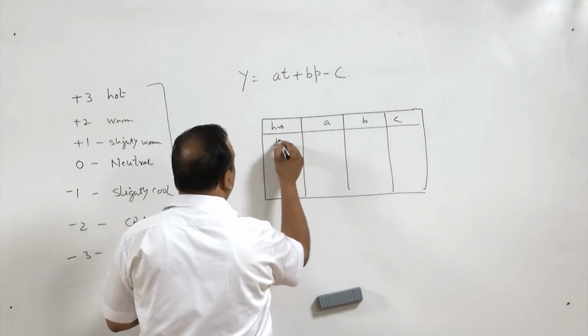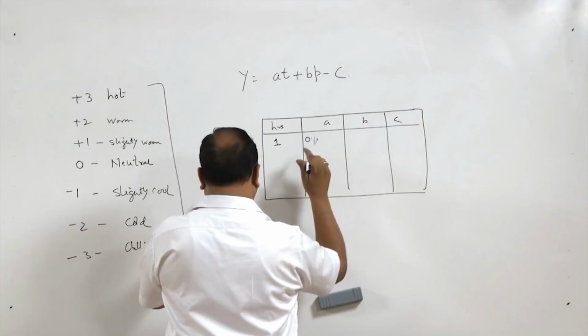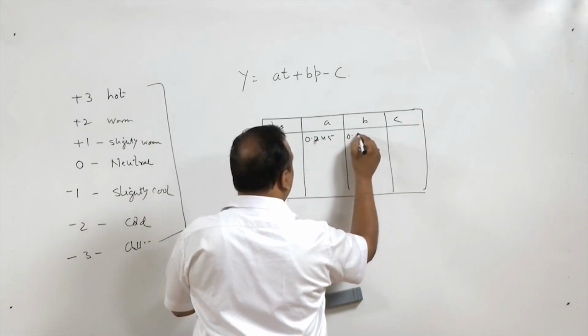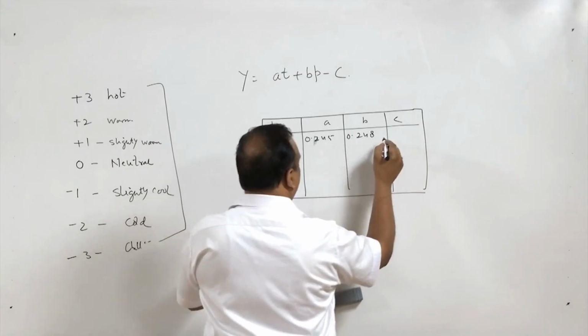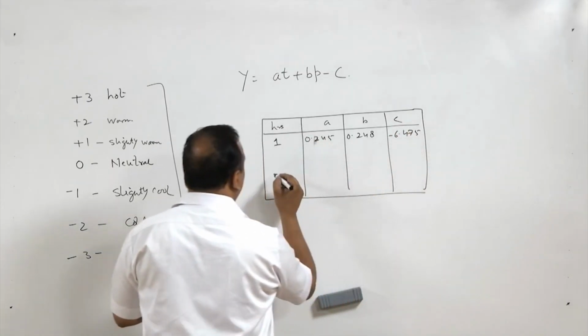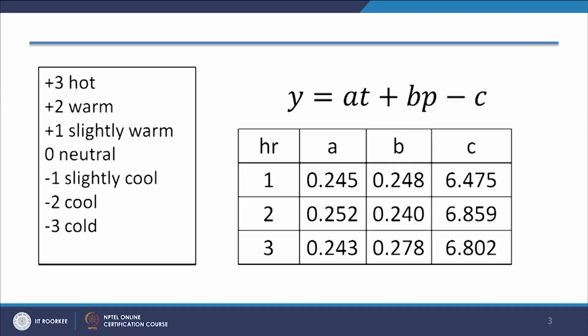Suppose exposure is for 1 hour, the values are 0.245, 0.248, minus 6.475. If exposure is for 2 hours for a particular environment, then it is 0.252, 0.240 minus 6.859.